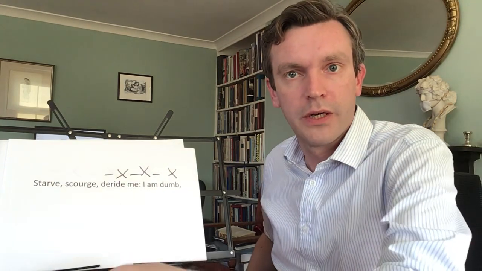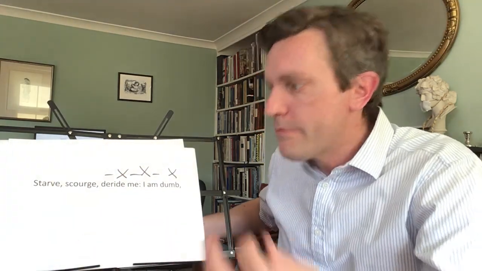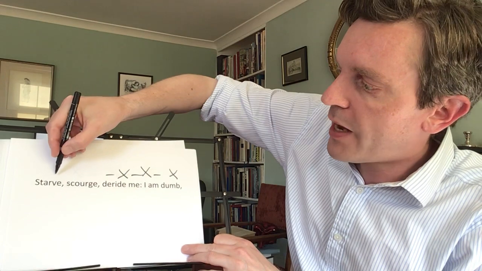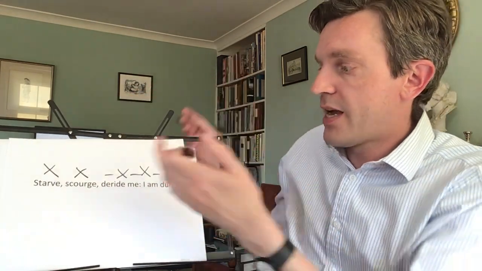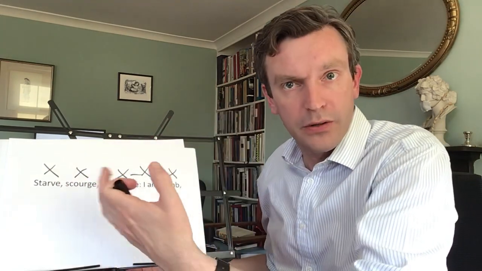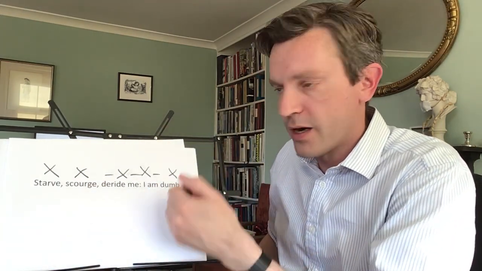You might put stress on the starve. You might stress both words. I think that might be quite natural. Starve, scourge, deride me, I am dumb. Or you could go starve, scourge, deride me, I am dumb. So, I'm not sure. I think I might, as a weird variant, go like that and say that we have two stresses and this is a weird variant line. Starve, scourge, deride me, I am dumb.